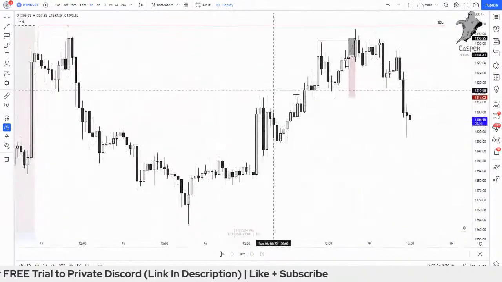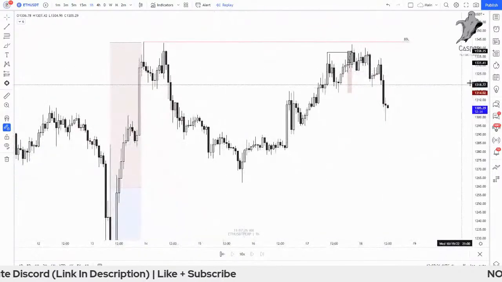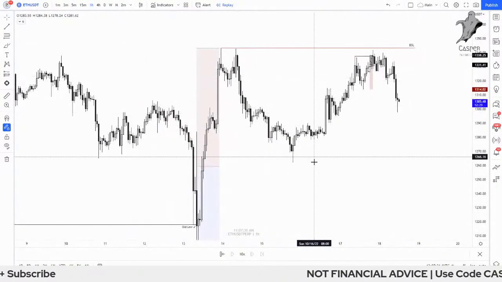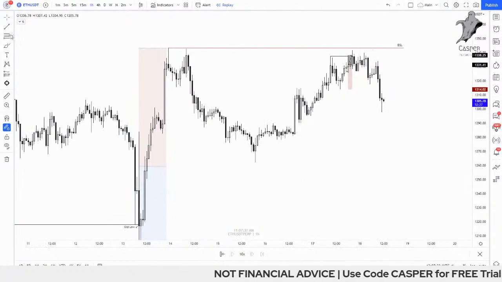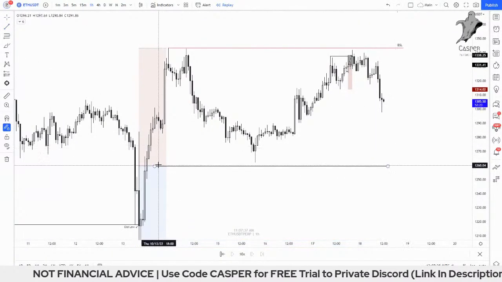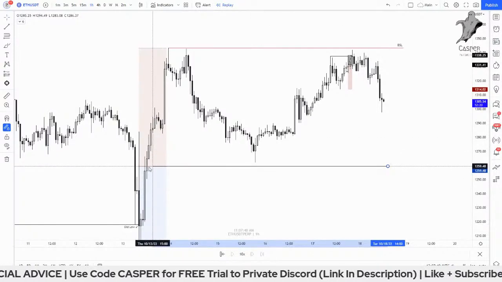Seems like the idea ended up playing out, but this is an example of when I say crypto doesn't really have the most efficient price action, at least for how I trade, because it never came back down to a discount.